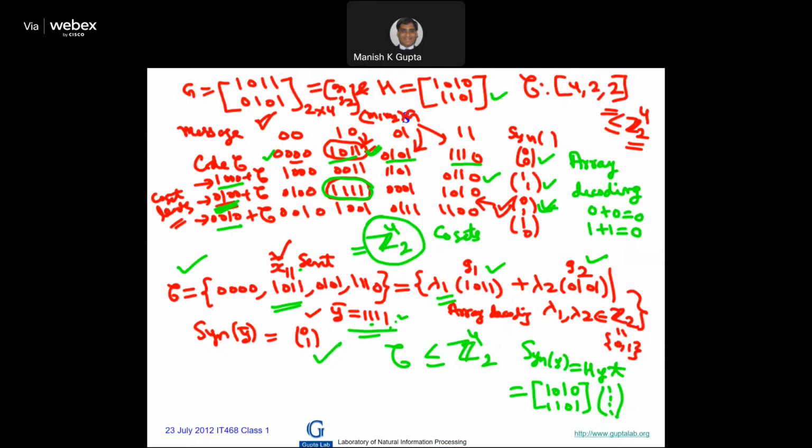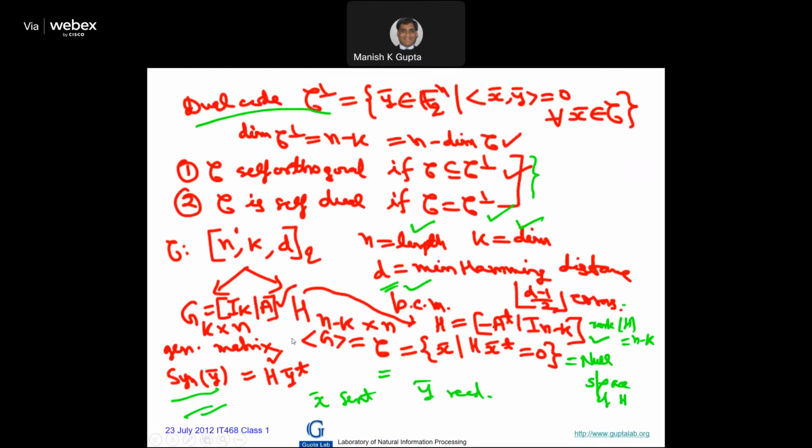Okay, now he's asking how do we find H, right? So what is G? I am just applying this formula. If G is of the form [I_k | A] for some matrix A, I don't know what it is, this is the standard form of G, and H is of this form, [-A transpose | I_(n-k)].